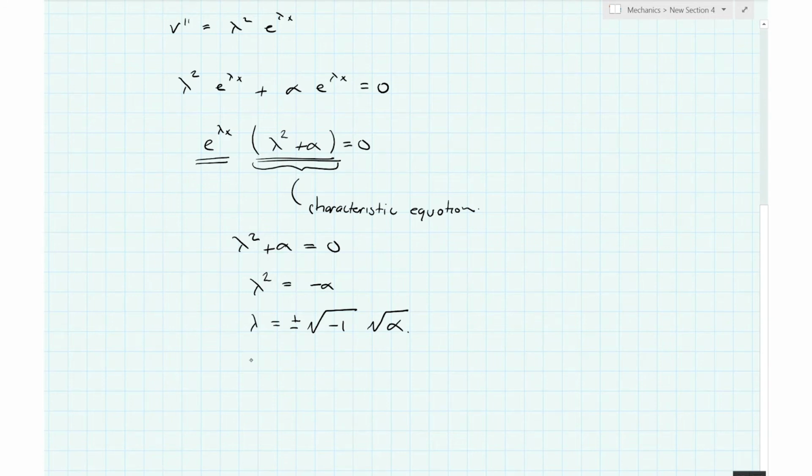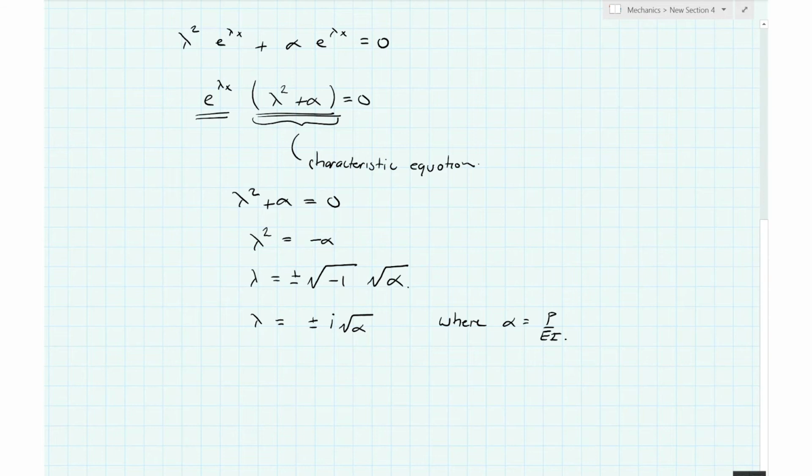So we can say that lambda is equal to plus or minus i times the square root of alpha. And don't forget, alpha is just a placeholder here. Alpha is P over EI. So we have two possible solutions for lambda. We have lambda 1 equal to i times the square root of alpha, or the second option, lambda 2, is equal to minus i times the square root of alpha.